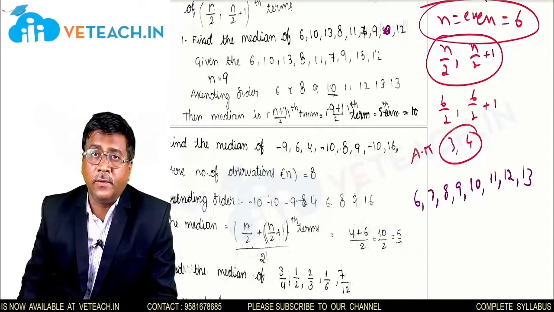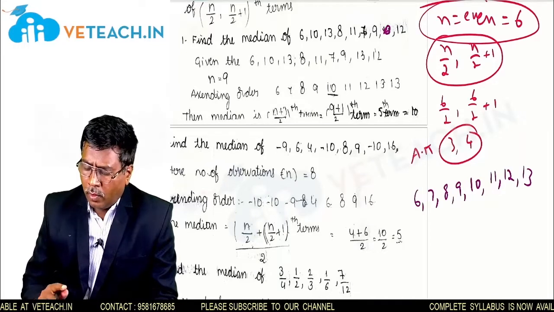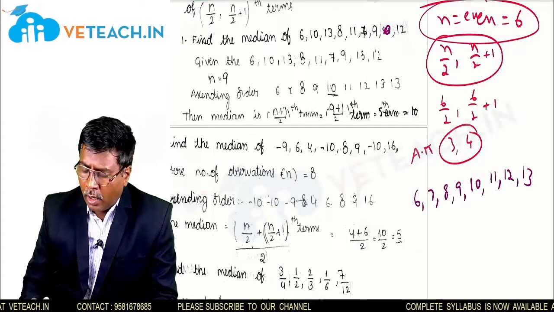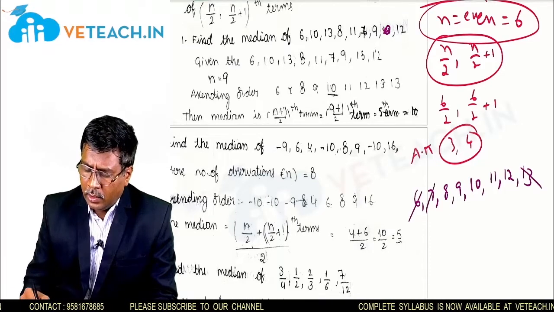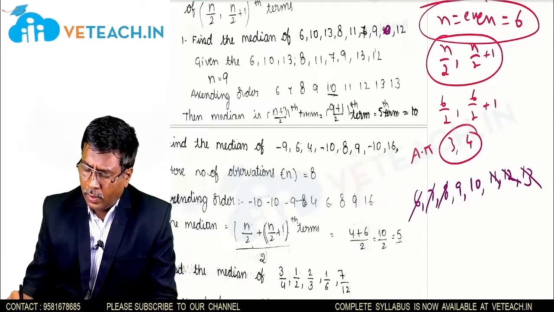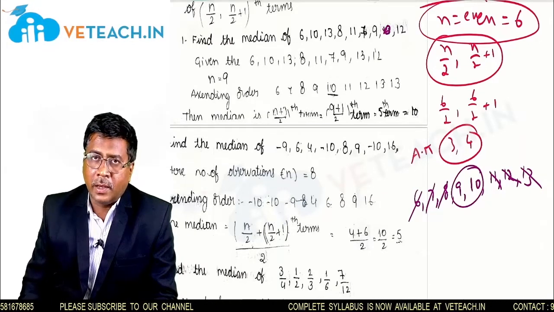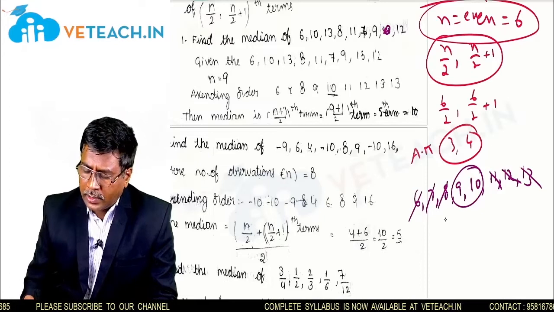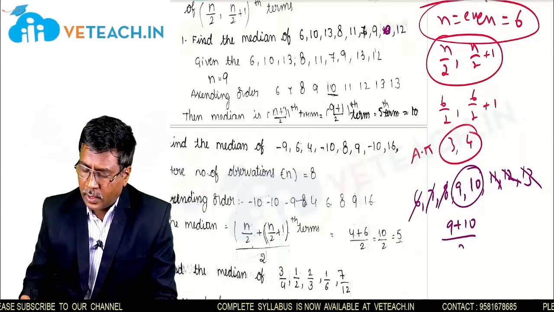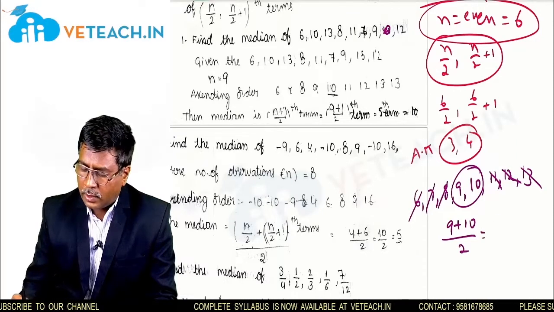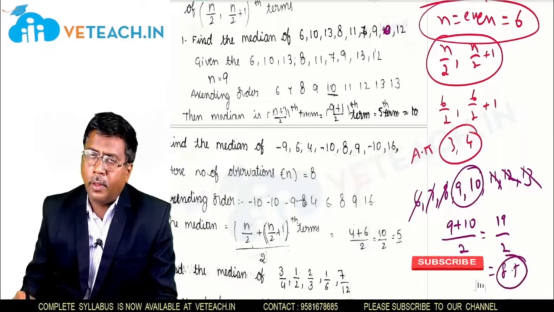So there are 8 observations, an even number. Cancelling 6 and 13, 7 and 12, 8 and 11, the middle terms are 9 and 10. In this case we take the mean of those two terms, 9 plus 10 by 2, which is 19 by 2, that is 8.5.